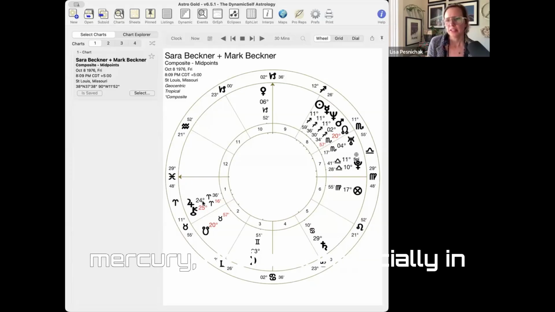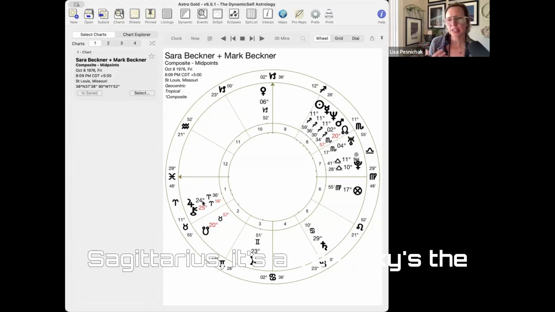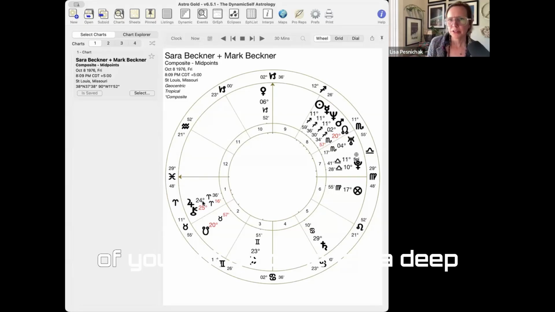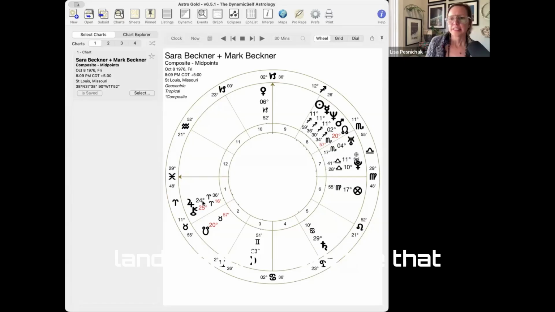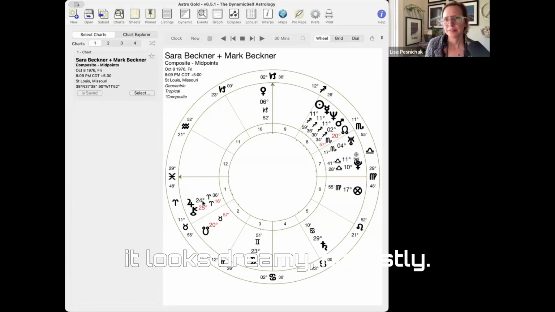Mercury, Neptune, especially in Sagittarius, it's a very sky's the limit thinking between the two of you. But also, there's a deep psychological, metaphysical landscape, it looks like, that the two of you live in. And it looks dreamy, honestly.